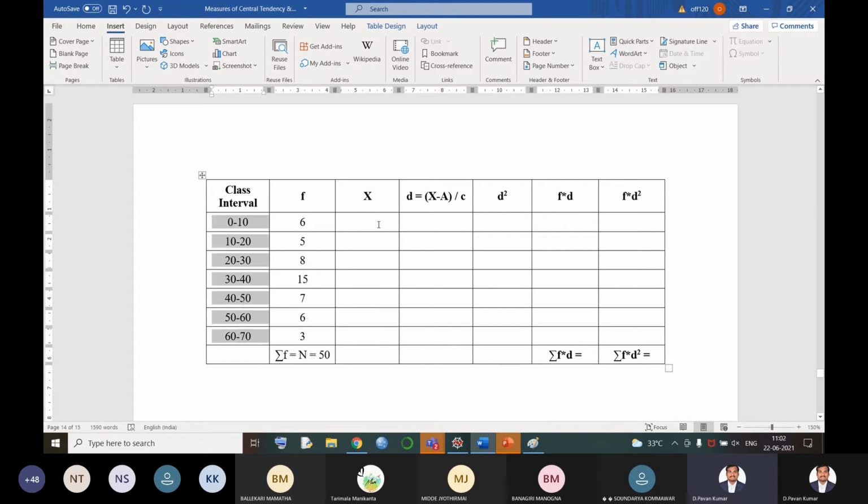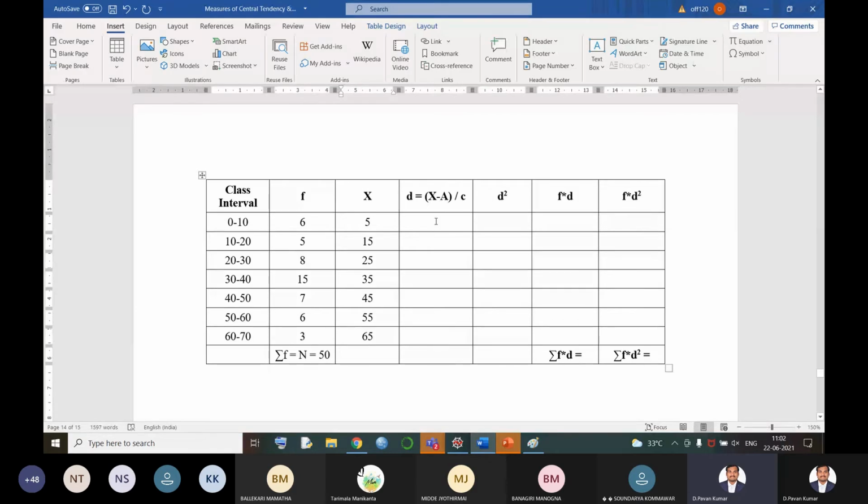If you want to know why x is taken as the middle value, please check out my video on calculation of mean, in measures of central tendency, where I have already explained it. So here x values are obviously the middle values: 5, 15, 25, 35, 45, 55 and 65.